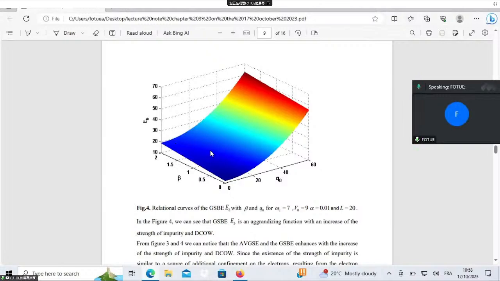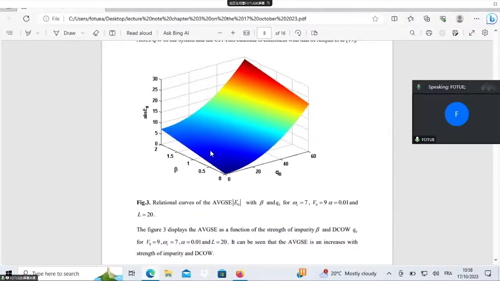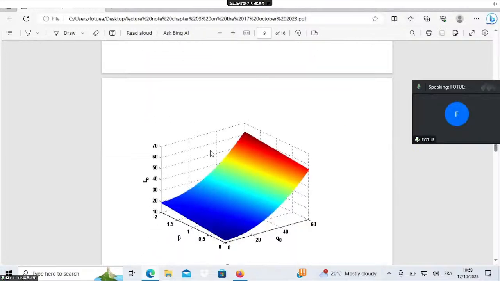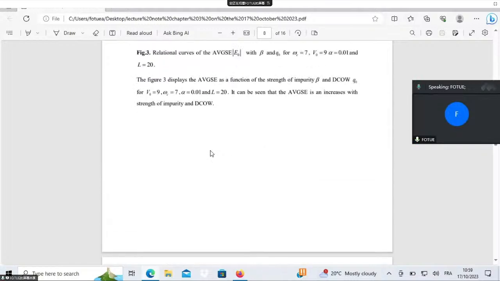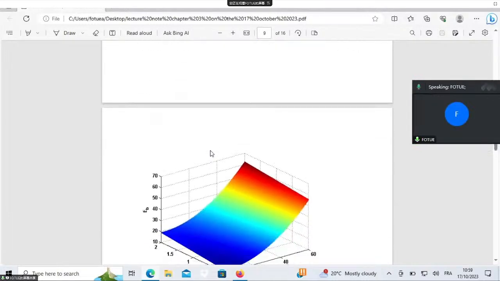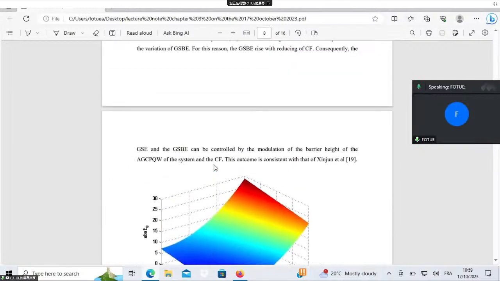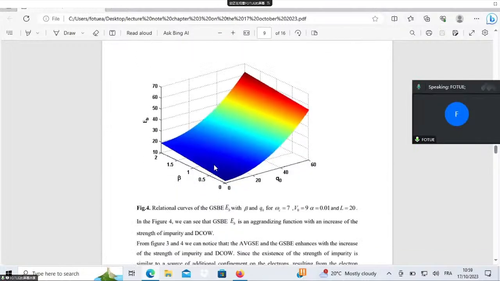If we compare the behavior of the binding energy and the behavior of the ground state energy, we may see that they are similar. The binding energy is obtained by taking into consideration the energy of the electron in the free lattice plus the energy of the phonon in the free lattice minus the ground state energy.